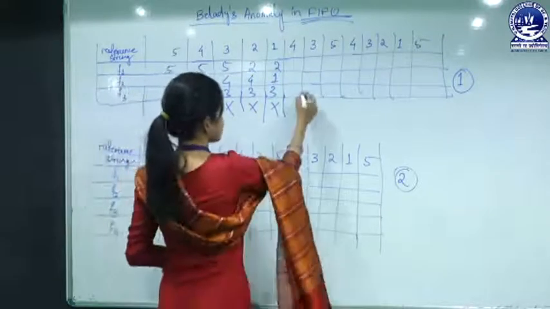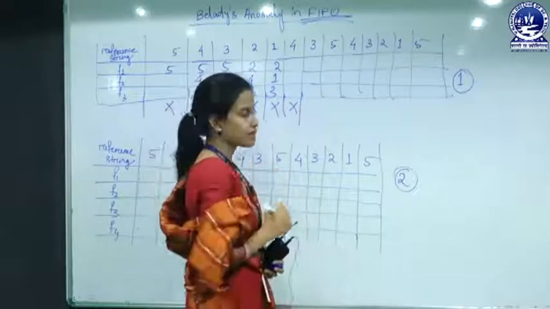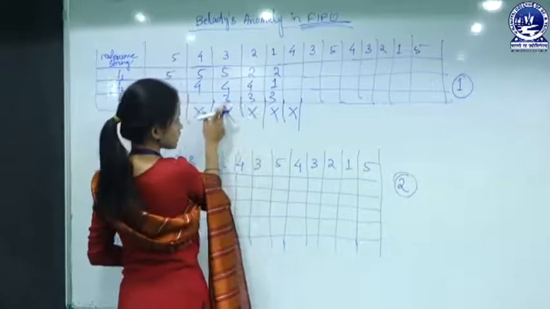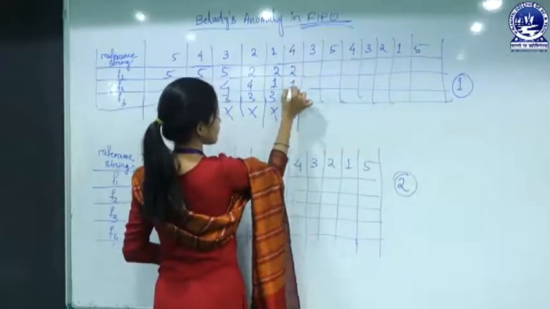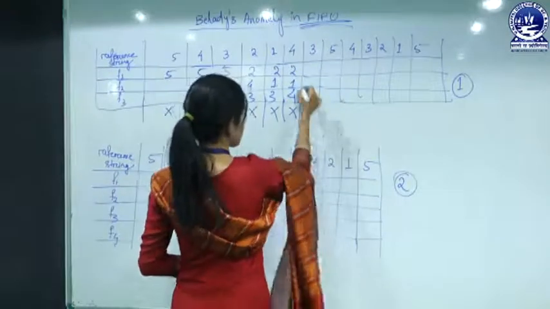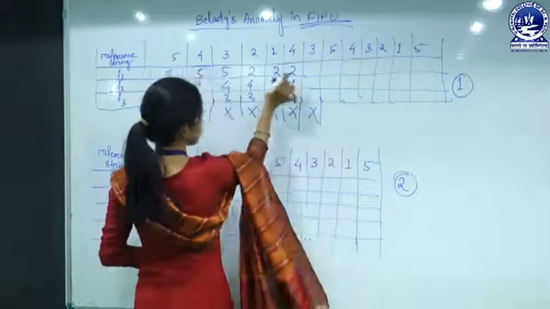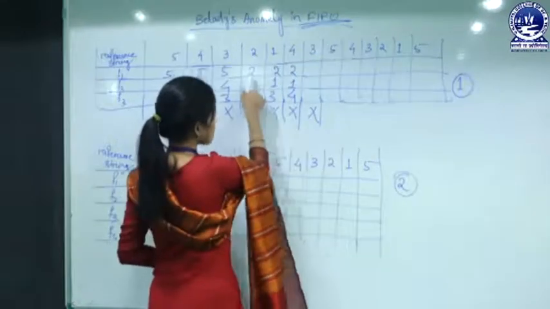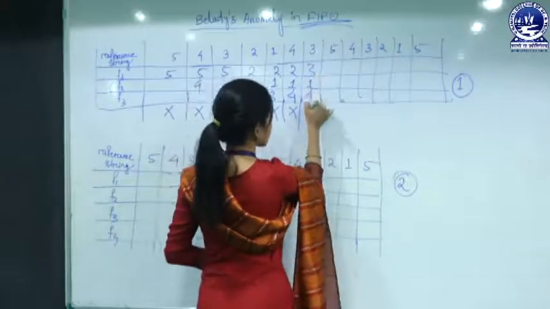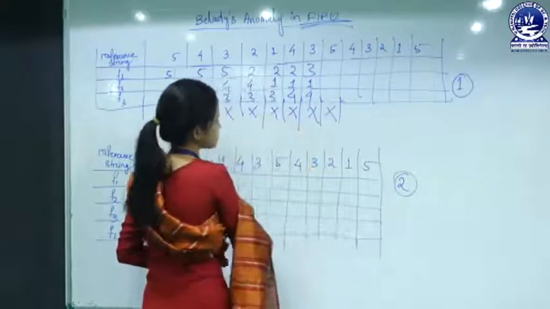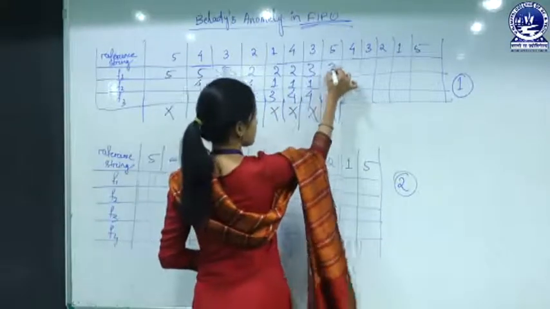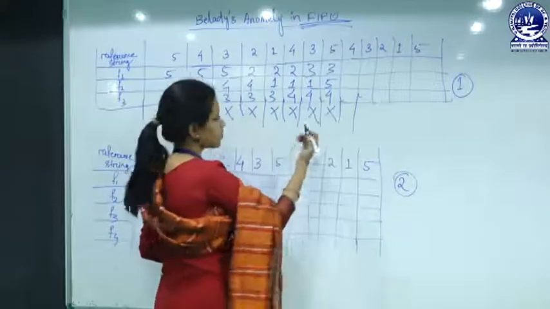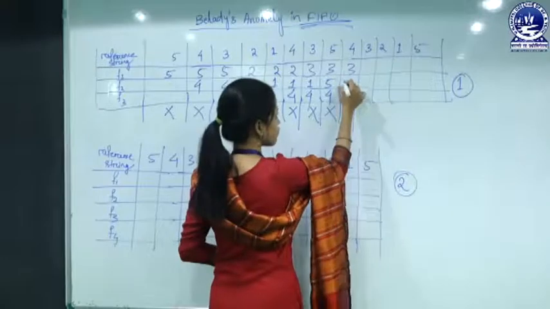Fine. Again 4 is not there, there is also a page fault, again 2, 1, 3, so 3 is oldest, so 3 is replaced by 4, again page fault, 2, 1, 4. 4 is the newly coming page, so 2 is replaced by 3: 3, 1, 4. Again page fault, 5 is not there, so 1 is replaced by 5: 3, 5, 4. Okay, now 4 is there in the main memory, so there is a hit, 3, 5, 4.